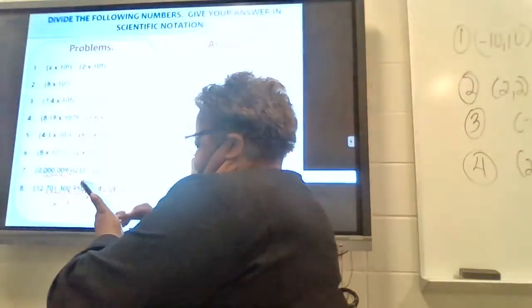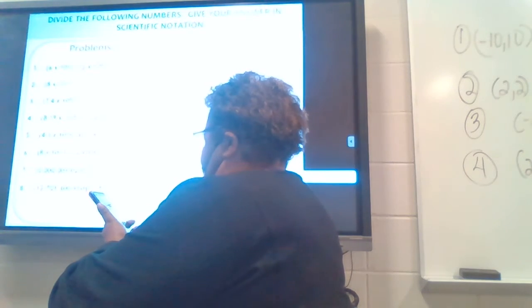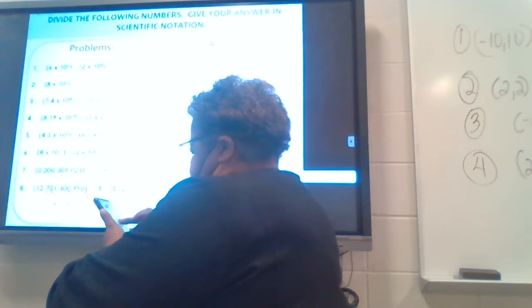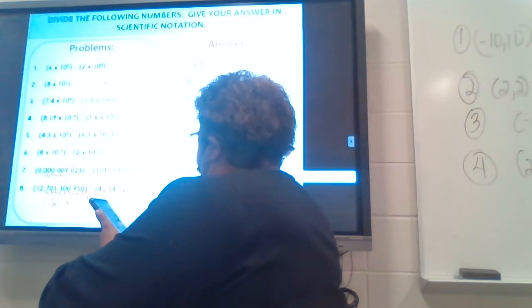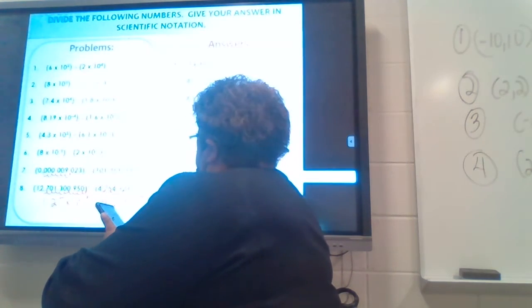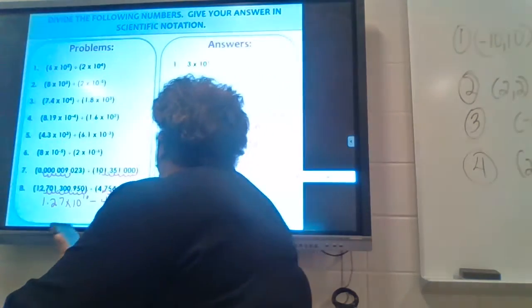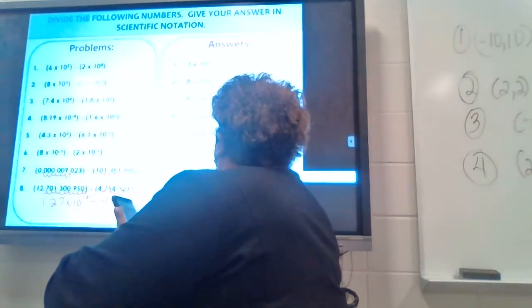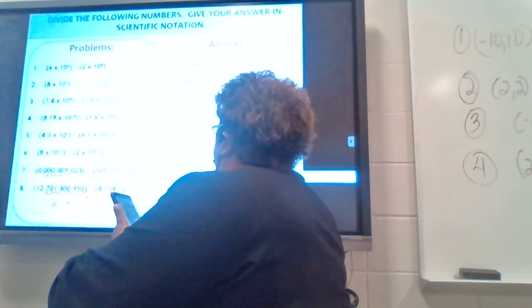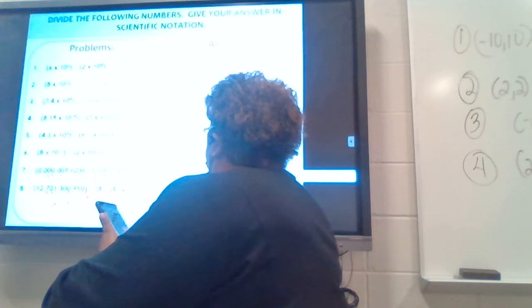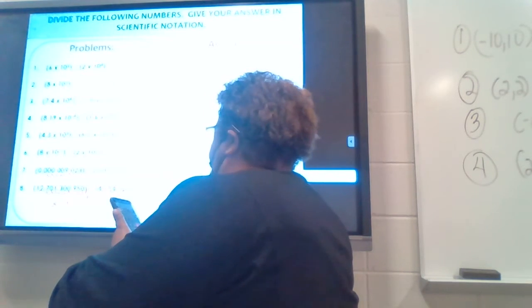So I'm going to divide 1.27 divided by 4.75, and that gives me 0.267 times 10 to the 10 minus 6 is 4. But this isn't in scientific notation, so I have to move my decimal over 1 to the right, which means I subtract 1 there.